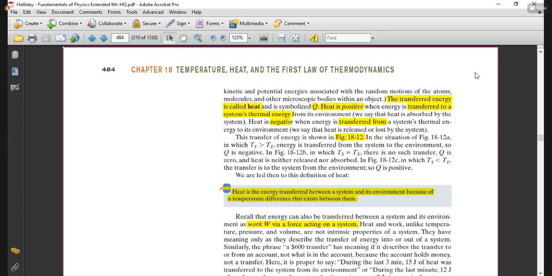So in that case, the system that has attained the energy, it will be called positive heat. ठीक है. On the other hand, for a hot body, energy is transferred from the system to the environment. In that scenario, heat will be known as negative. ठीक हो गया?